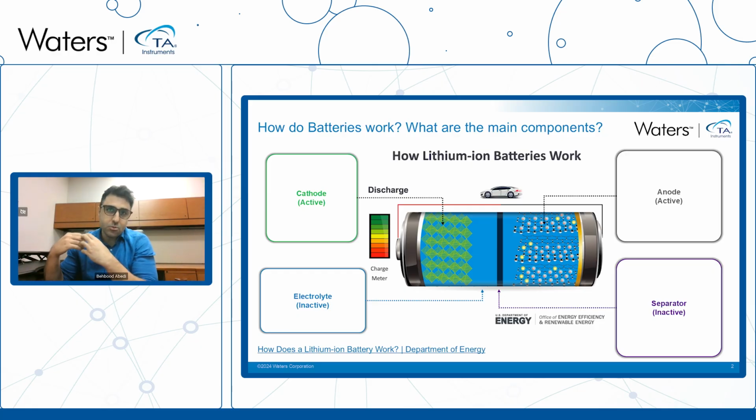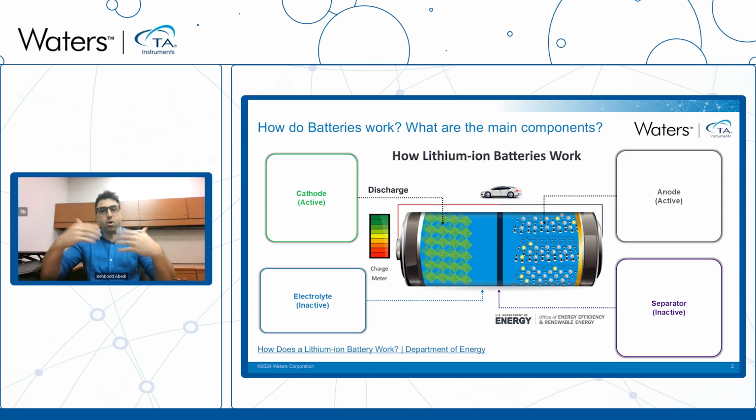When you discharge the battery, you're using the battery, lithium ions go from anode to cathode, and we have electron flow from anode to cathode through the external circuit that powers your device. Then inside the cathode, we have an electrochemical reaction. These lithium ions and electrons combine and are stored in the lithium compound.